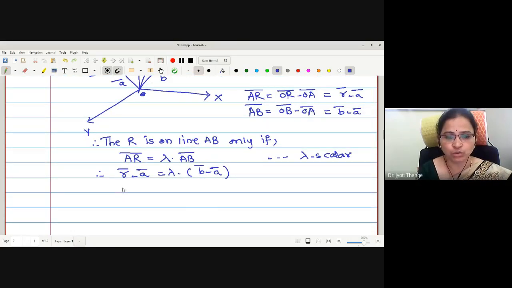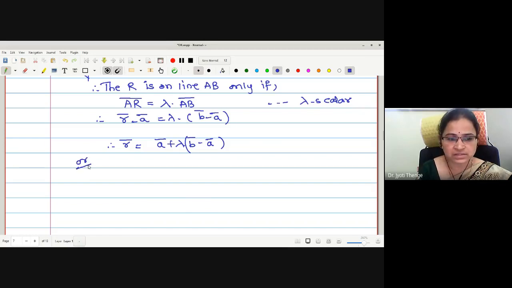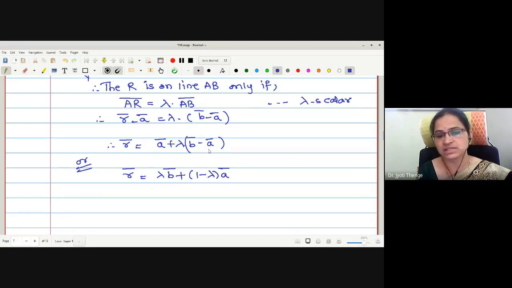Now let me find the coordinates of R bar. R bar is A bar plus lambda times B bar minus A bar. Or one can write this as lambda B bar plus 1 minus lambda times A bar. Here we can write lambda B bar minus lambda A bar, taking A bar common, it will be 1 minus lambda.